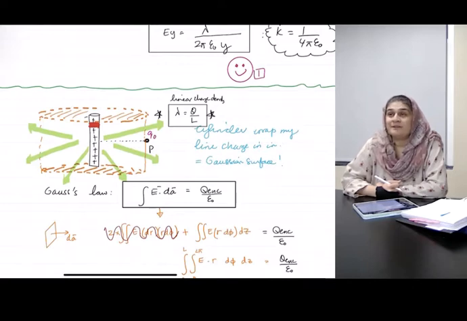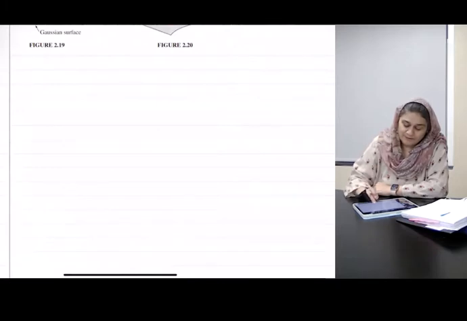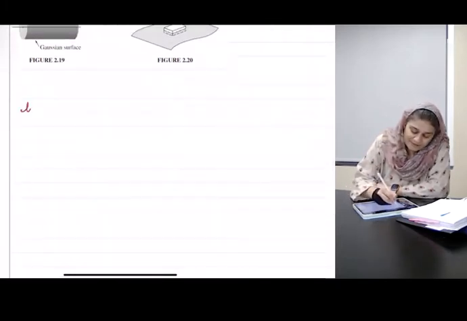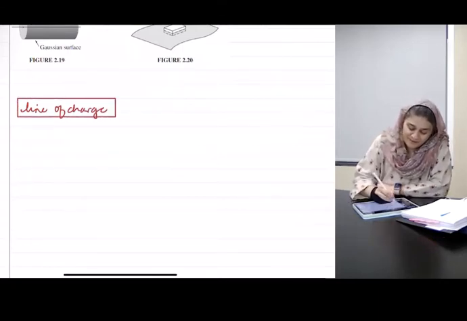Let's do that really quickly. So the first symmetry is for a line of charge. I won't spend too much time on this, but I want to remind ourselves how we did it.